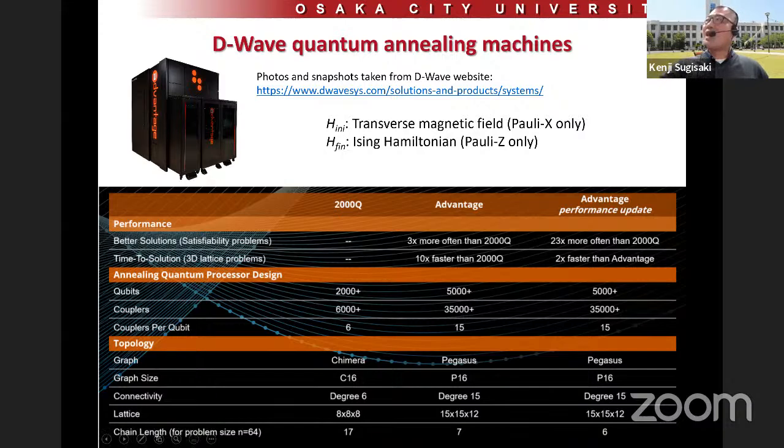So the problem is how to choose the best navigator Hamiltonian. Because in the adiabatic state preparation technique, we cannot include measurement during the computation. We just obtain the correlated wave function, not the energy. In order to evaluate the energy, we have to perform quantum phase estimation.